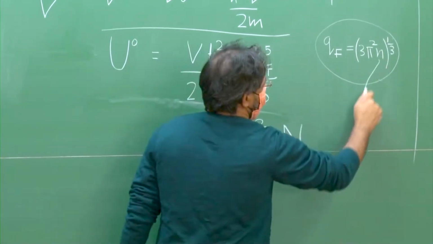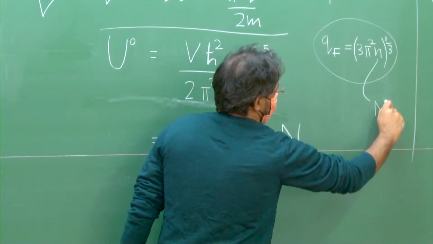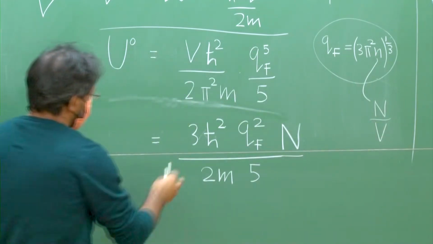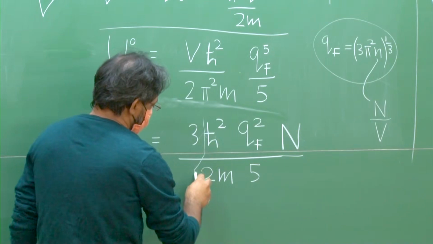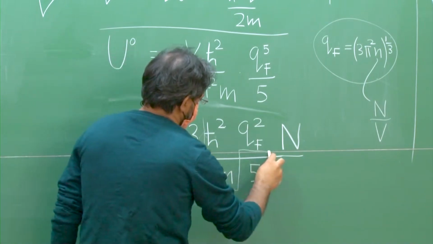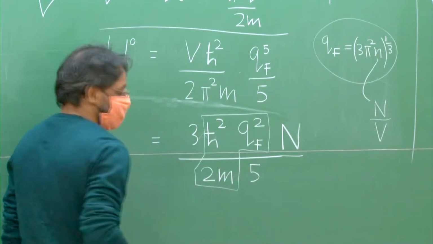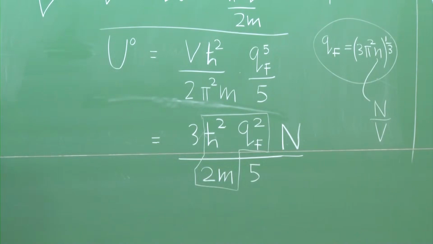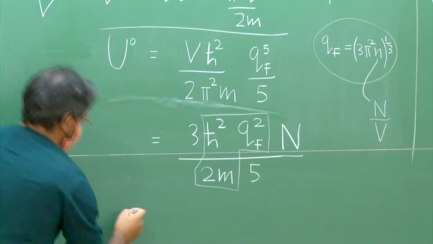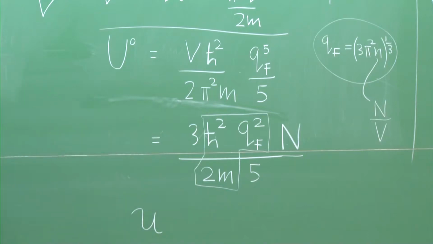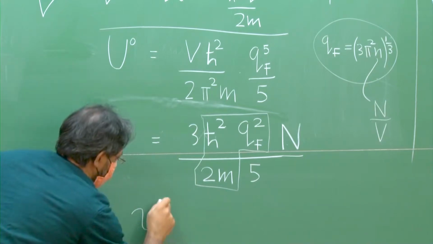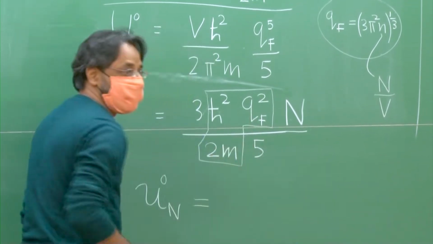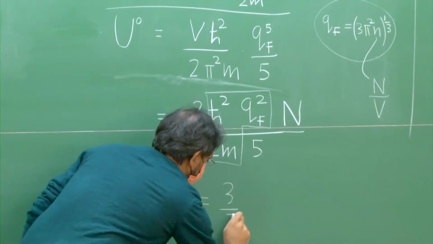Now, you can see that this quantity is nothing but EF, and this N you can bring down. So, you can divide on both sides by N. What you will get is the quantity that you want, little u, which is nothing but 3 by 5 of EF.